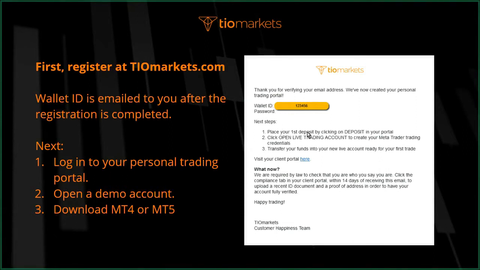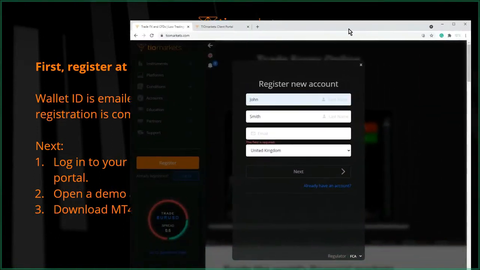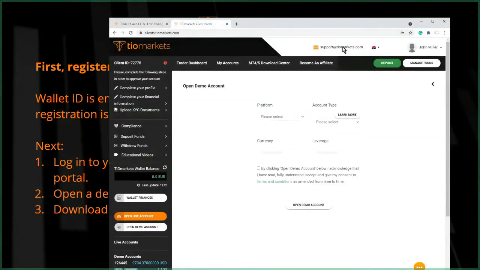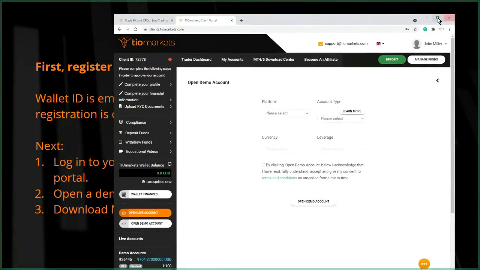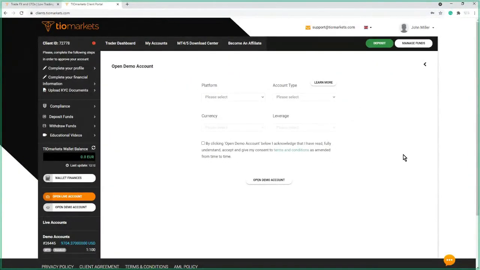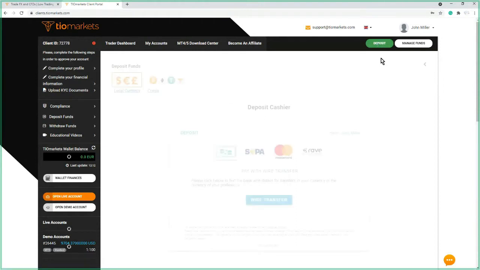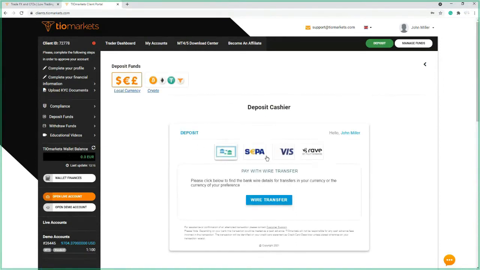And then you can place your first deposit in the portal, and here we go again. This is the client portal ready here. So here's the deposit and the deposit options like we talked about earlier. You have the bank transfer, you have SEPA if you're in Europe, and then MasterCard and Rave.